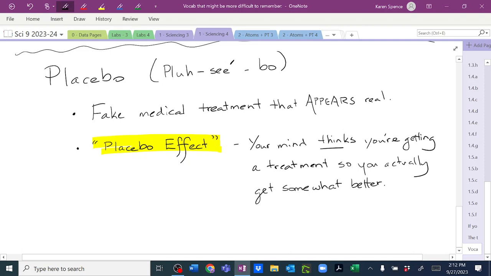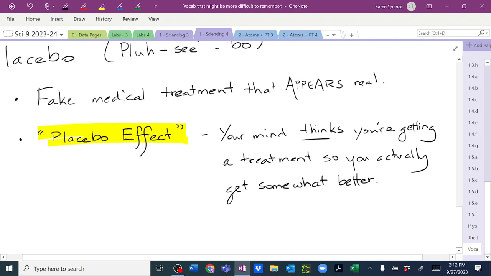So they've actually done things where people envision their immune system going out and attacking the invading cells or whatever, and that actually can help people.